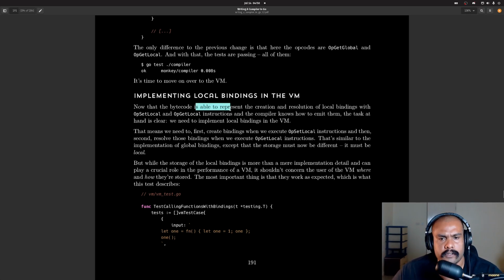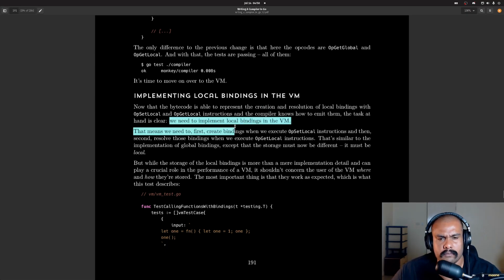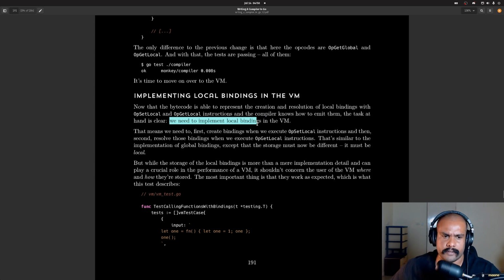Now that the bytecode is able to represent creation and resolution of local bindings with offset and get local instructions, and the compiler knows how to emit them, the task at hand is clear. We need to implement local bindings in the VM.